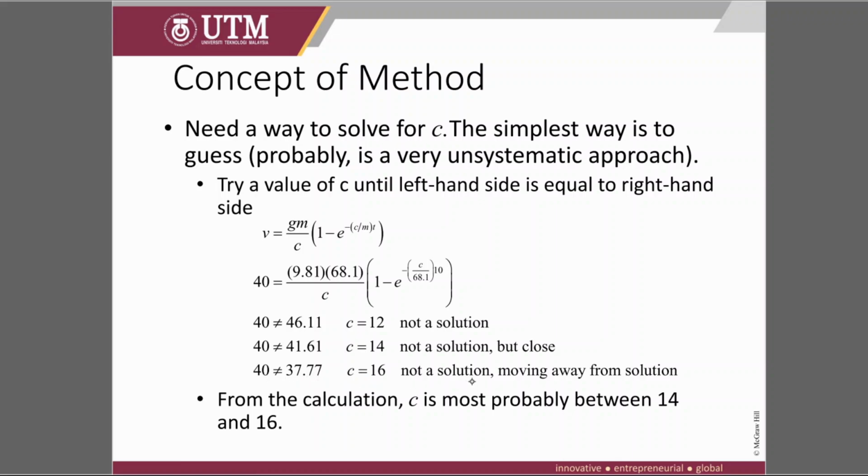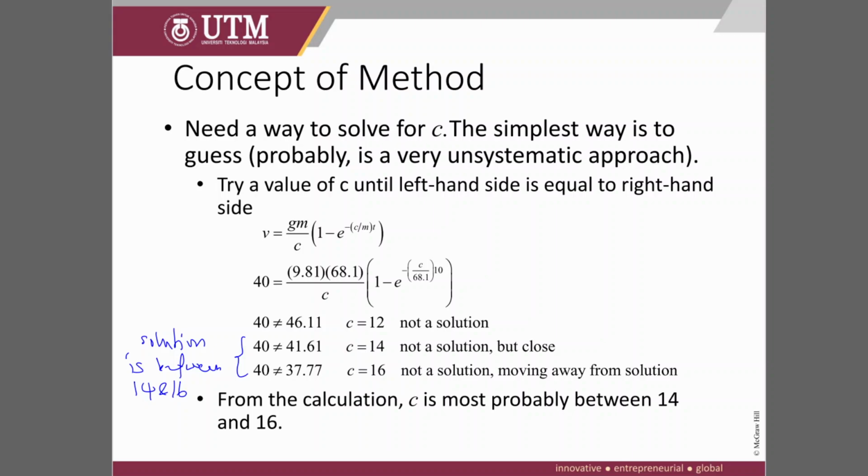Again, not a solution, but it is moving away from the solution. So we can expect that the solution is between 14 and 16. Okay, so we at least have a guess.